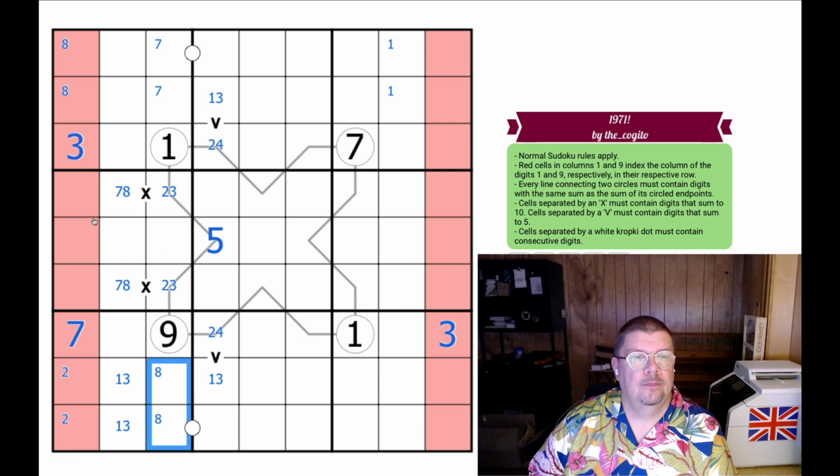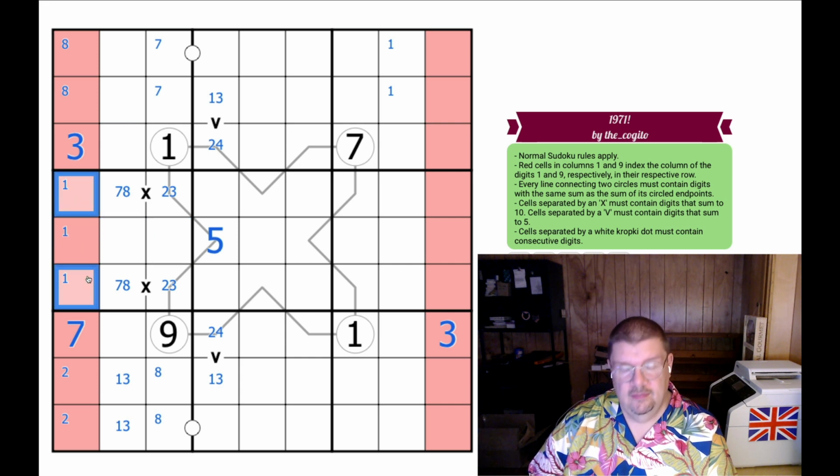We need a low digit in here, and it can't be 2 or 3, so that has to be a 1. The 5 can't go into any of those, so one of those is a 5. And so the 1 indexes itself, the 5 will index a 1 to one of those two cells. Okay.